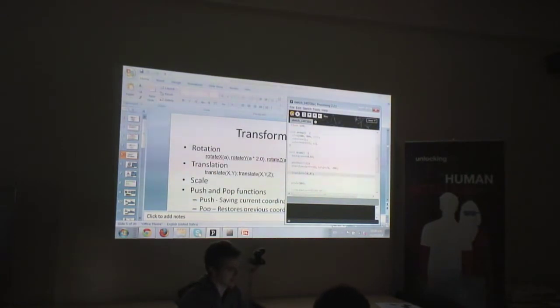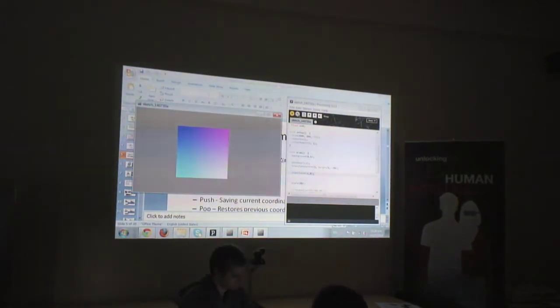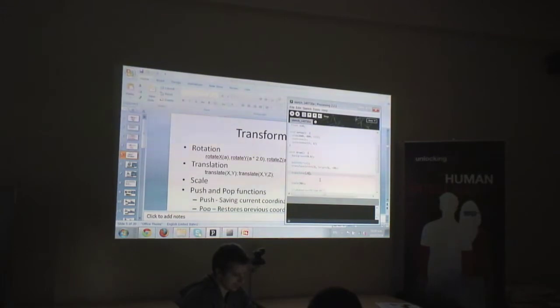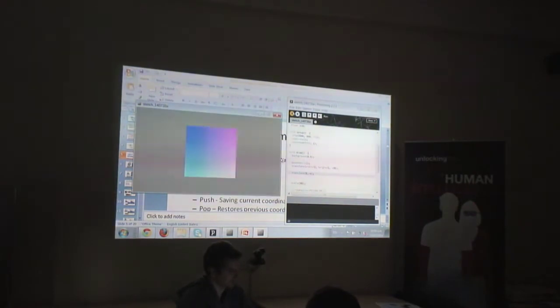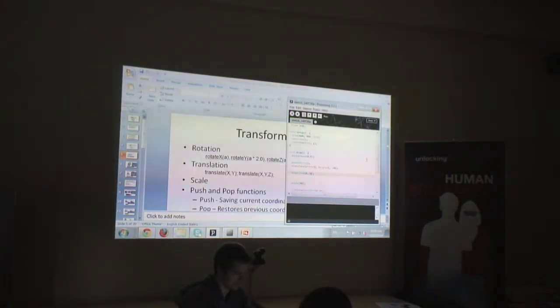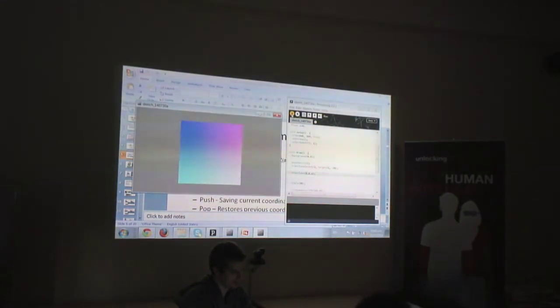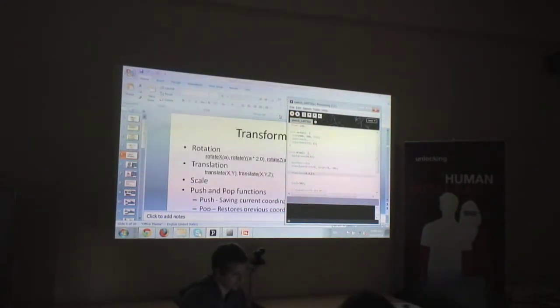Negatively in the x-axis is going to move to the left. Y, so positive translation in the y-axis is going to move down. Negative translation in the y-axis is going to move up. And finally, we can either do translate with just x and y, or we can do x, y, and z. Positive translation in the z-axis is going to move it towards us, and a negative translation is going to move it away from us.